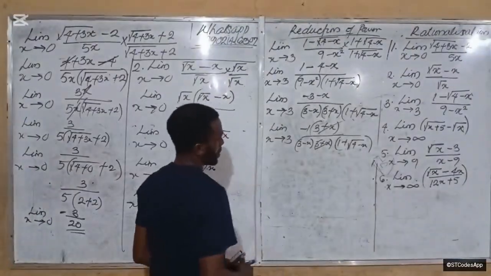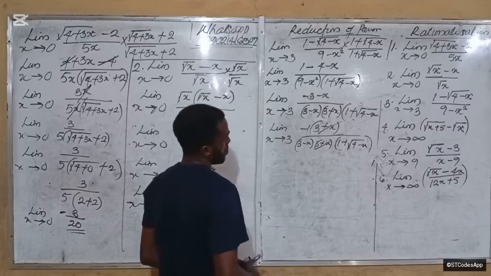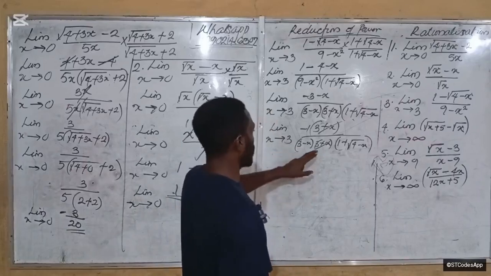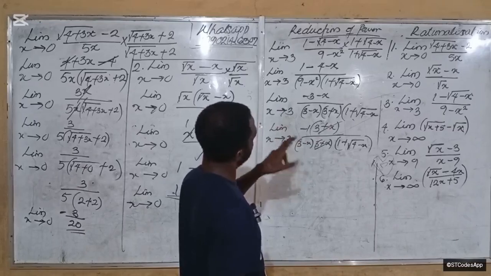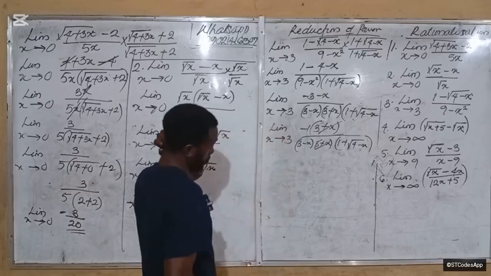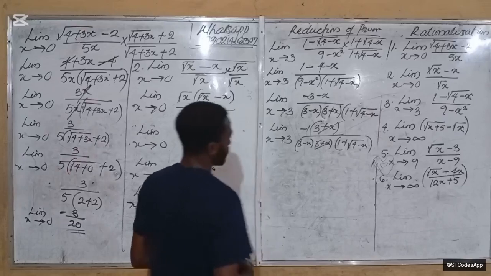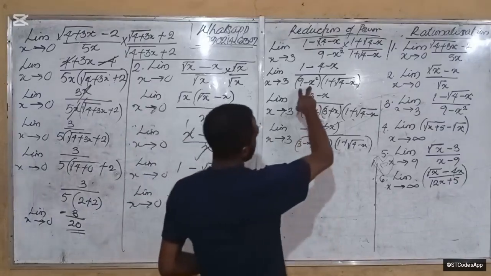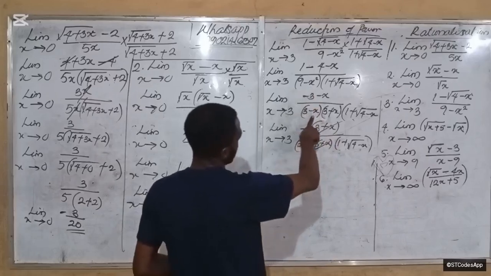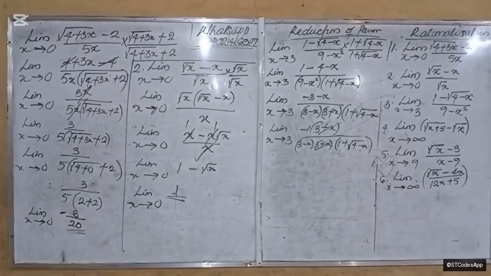If we try to use this, this 0, this 0, what do we do? 3 minus x, 3 minus 3 plus x. Don't worry.